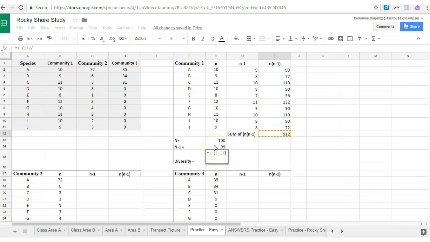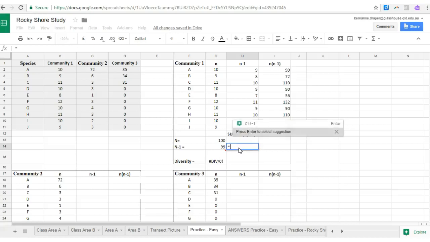Oh, I forgot to do it again. Just a minute. Okay, let's get out of here. Where am I going to put this value? I'm going to put it right here, whatever's in H4. Close brackets, and you're going, oh, Mrs. Draper, what's this about? Remember how I forgot to do this before? We needed to find the N times the N minus 1 of the big N's.